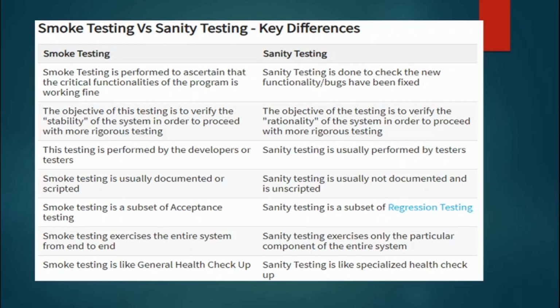When I say stability, it means that there may be some functionality which sometimes works and sometimes does not work due to some defect. And the objective of sanity testing is to verify the rationality of the system. So when I say rationality, it means that only a particular or a specific functionality is working fine.